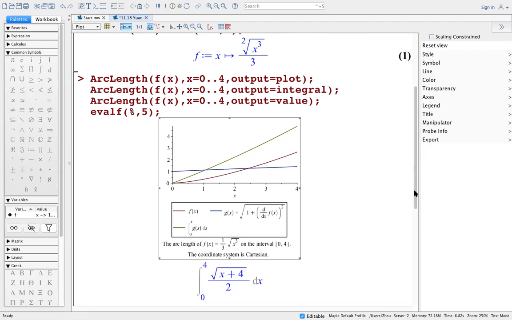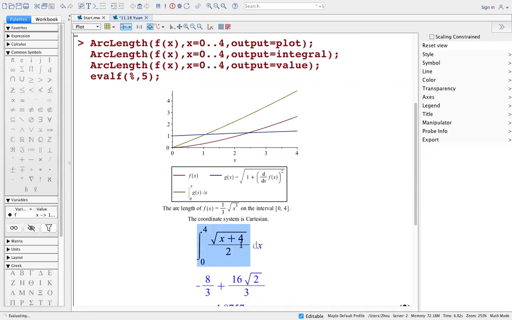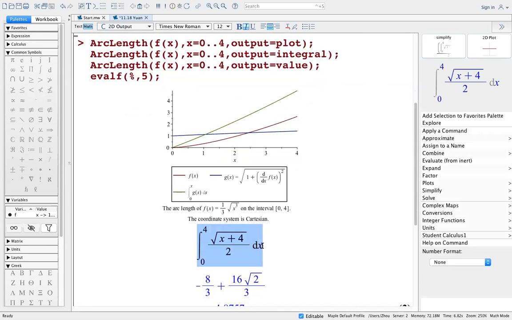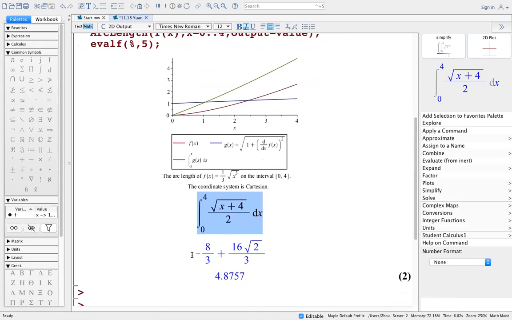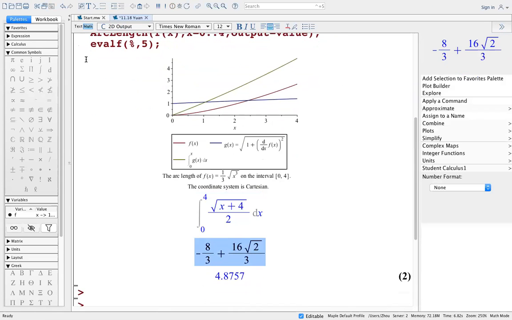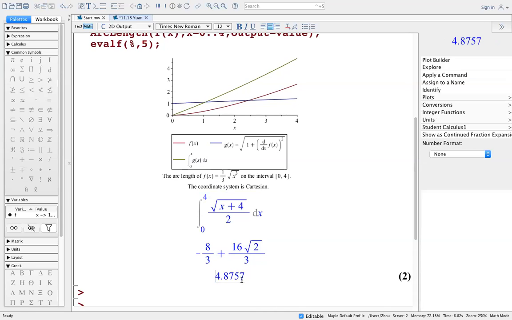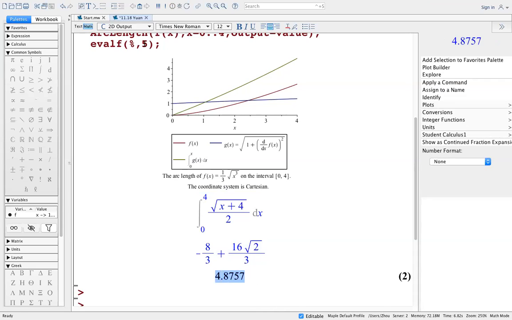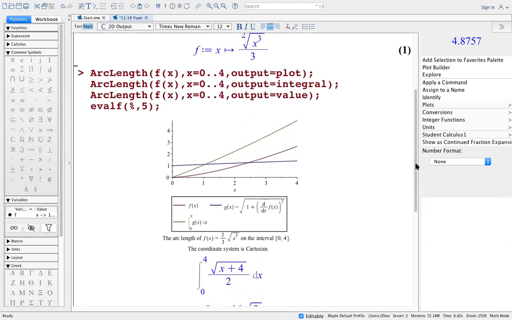And then I also did the output with integral just to match the formula. If you do it manually, after you plug the information into the formula, this will come out. The last one I did is output with value, so I know how it looks. And the very last thing I did is evalf so I can get a decimal value instead. I put a 5 here because I want 5 significant digits. So that's how you can do it with the Arclength command.